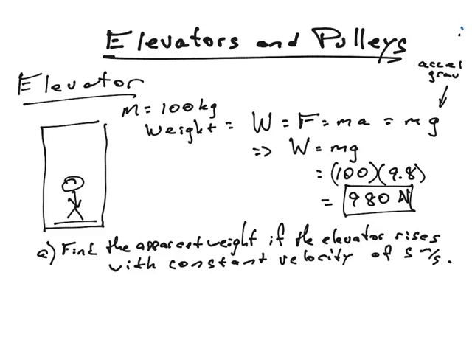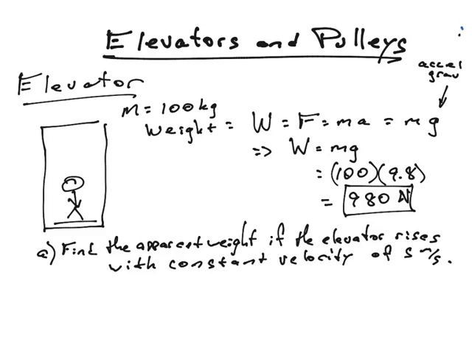So if I'm not talking about the very beginning when I first start to move, but the time in between as I'm rising in the air, if I can't tell that I'm moving unless I look at the numbers or I hear the little dings as each floor goes by, then I would assume my weight wouldn't change.